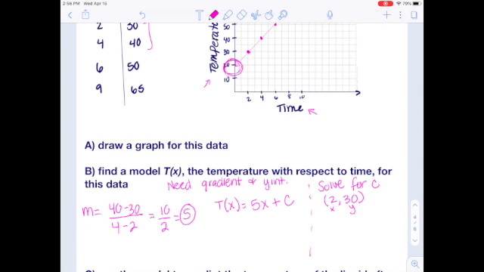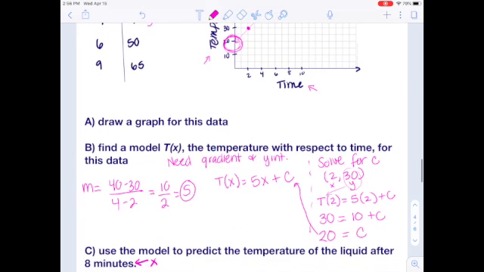So T of 2 is equal to 5 times 2 plus c, and I know y is the same as T of 2, so 30 is equal to 10 plus c, so c is definitely 20. All right, so we're going to take that, plug it back in, and there's our rule. T of x is equal to 5x plus 20.